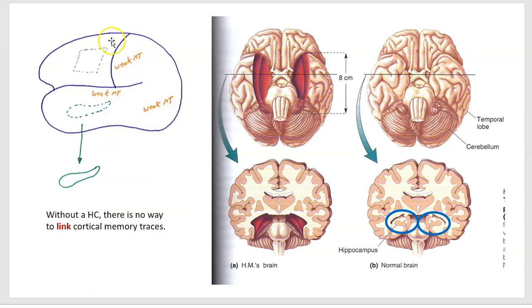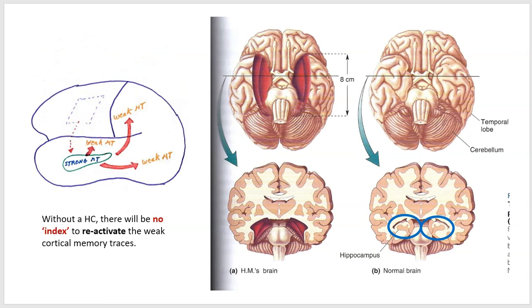So here's the situation for HM. We have a brain that can form weak memory traces of new things that he is attempting to learn, but without a hippocampus, there's no way to link those cortical memory traces. You'll recall in a normal brain, we're going to make a strong hippocampal memory trace that is linking the cortical memory traces. Well, HM is unable to do that because he does not have that critical brain region, the hippocampus.